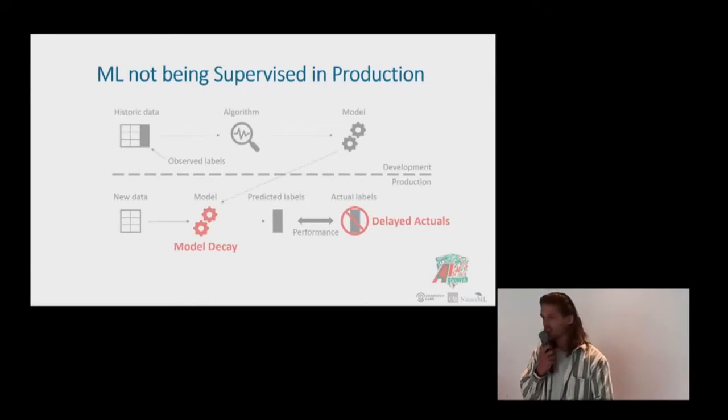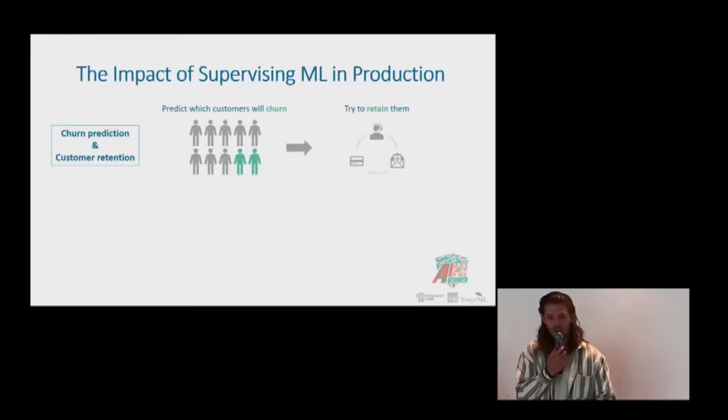And this can lead to model decay, meaning that the decisions your models take in production deteriorate, and that the performance of your model goes down over time. Just to quickly demonstrate the impact of that, here's the churn example. We want to identify those customers that are most likely to churn, and then we try to retain them by running marketing campaigns, giving them some extra credit to spend.